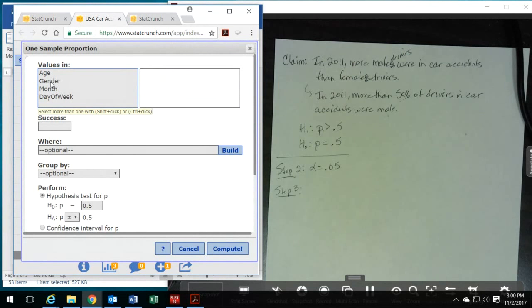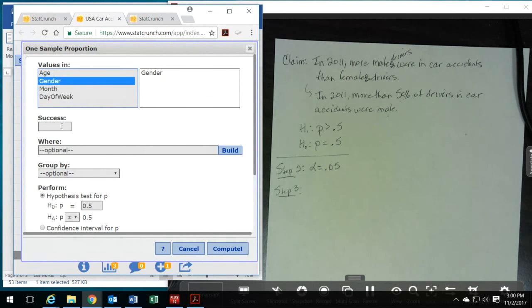Okay, so what we're looking for is the gender. And since we're talking about males here, then we want to put down what our success is. And this is one place you have to be really careful with StatCrunch because it's very picky about this. You have to look at your data and see what it was that they used to signify a male.